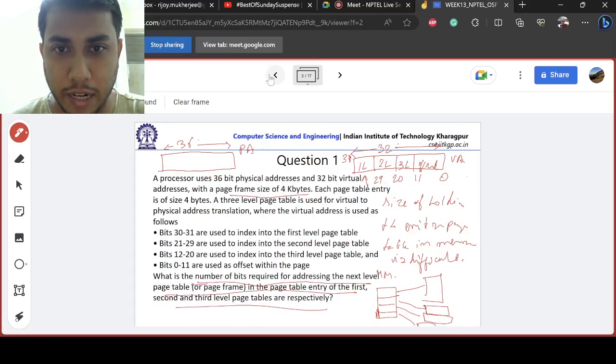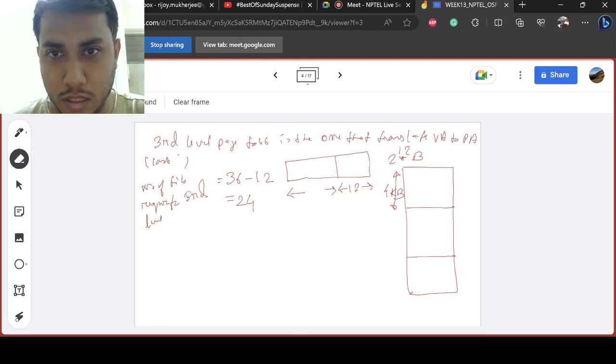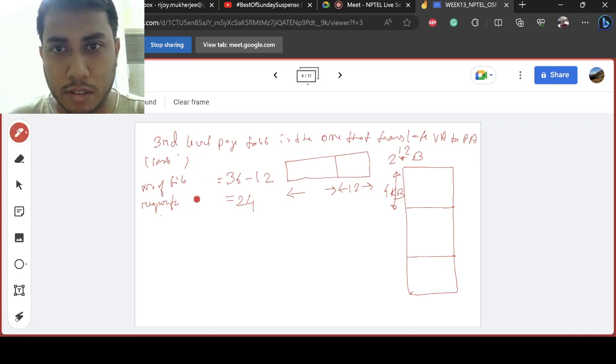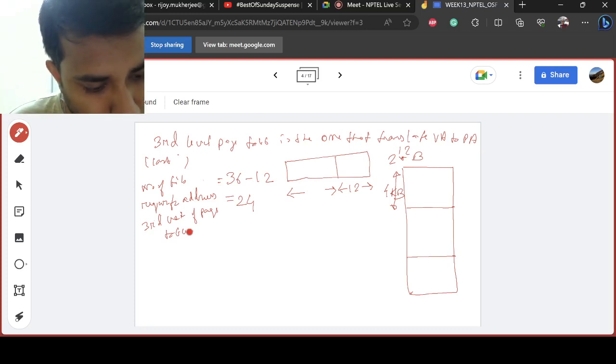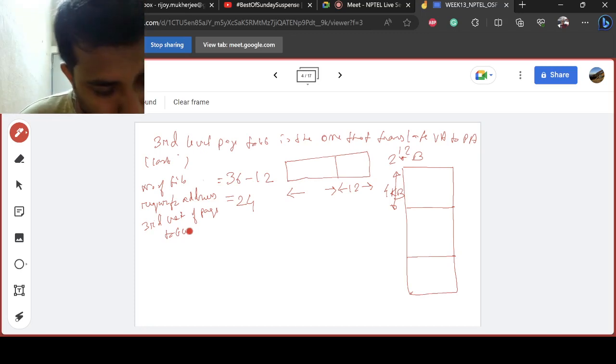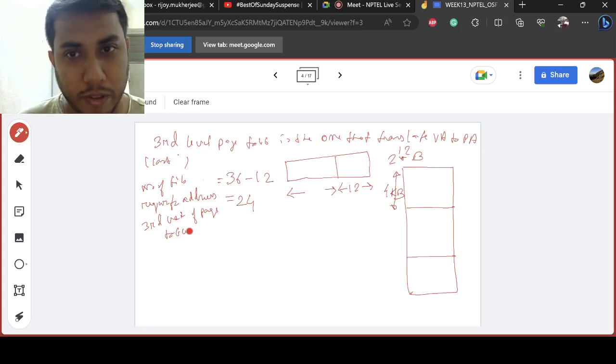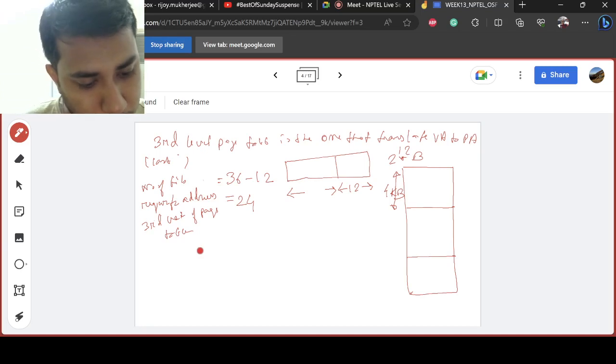So number of bits required for addressing the third level of the page table is basically this. Right, so that is the way you will do it.